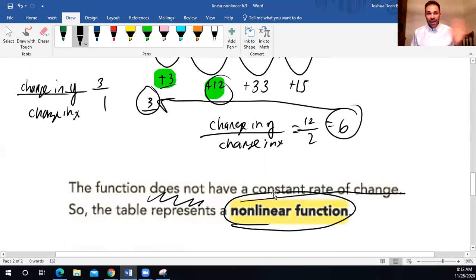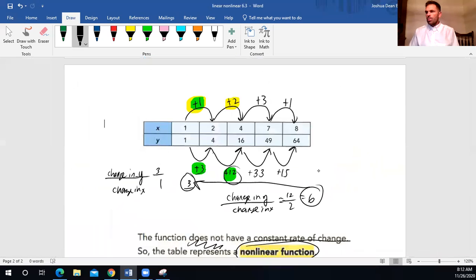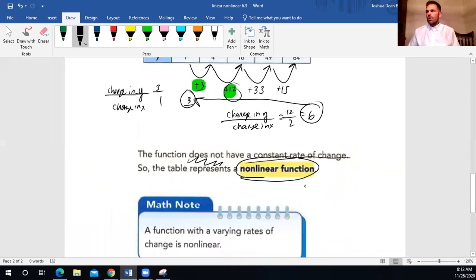And if it's not a constant rate, then we can say it's a non-linear function. That is to say that when we graph the solutions here, you will not be able to draw a straight line through it. You'll have to curve it somehow, some way. So if a function has varying rate, that means different rates, then it is a non-linear function.